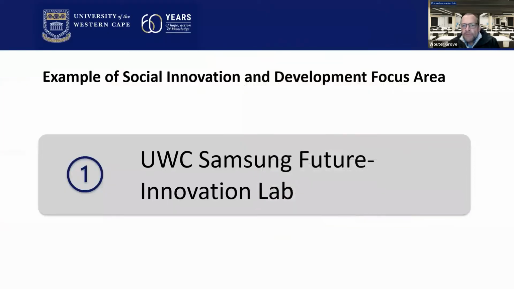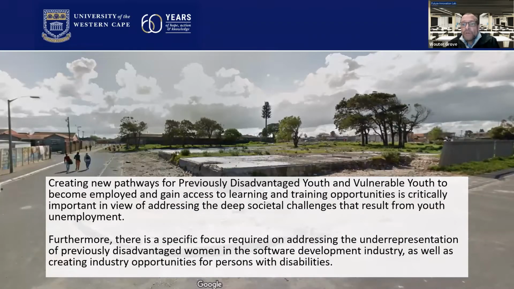So the example that I'm going to be talking through is a project called the UWC Samsung Future Innovation Lab. In short, the project focuses on creating pathways for previously disadvantaged and vulnerable youth to become employed, gain access to learning and training opportunities, and find ways of gaining meaningful employment so that we can address the societal challenges.